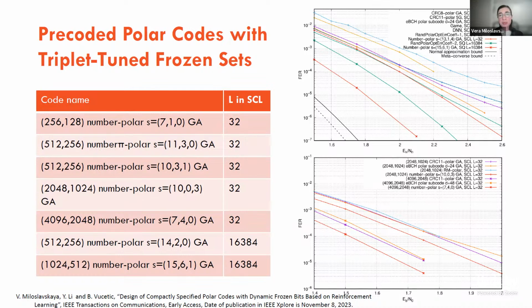In that paper, we focus on the connection between frame error rate and list size. My opinion is that it is desirable to predict code performance for a particular list size before actually performing decoding. And so in our paper about adaptive precoded polar codes, we focused on this problem.